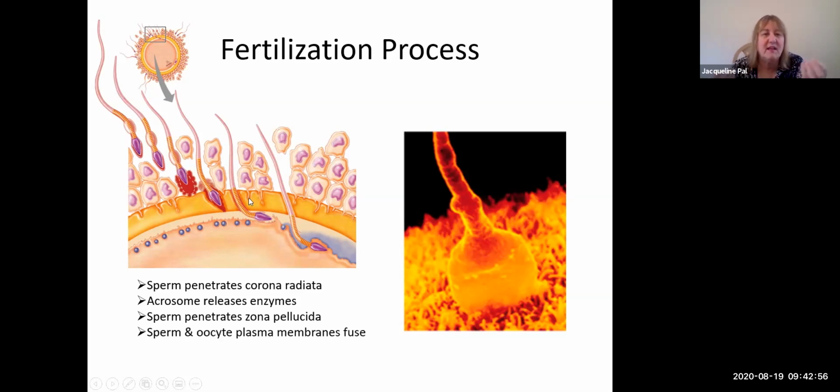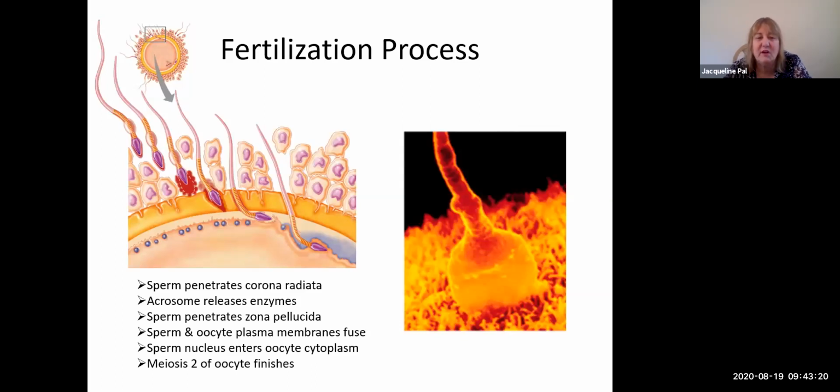What's going to happen then is the plasma membrane of the sperm around the nucleus is going to fuse with the plasma membrane of the oocyte, and the nucleus of the man gets dumped into the oocyte cytoplasm. And the rest of the sperm is not needed, okay? This triggers meiosis II to finish. And so now you would have a second polar body.